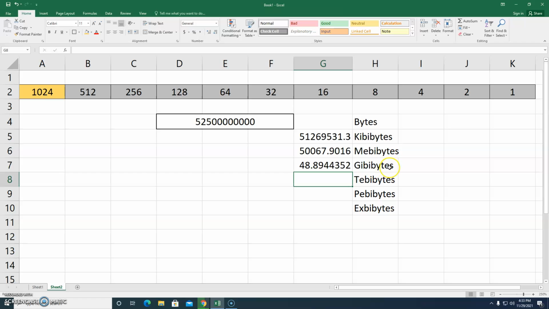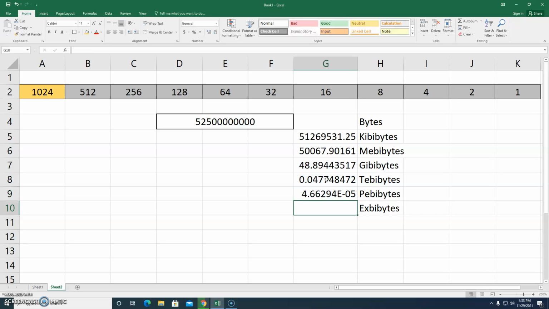So this number here is the same as 48.89 gibibytes. If we want to find the number of tebibytes, we take the number of gibibytes and divide it by 1,024. If we want to find the number of pebibytes, we take the number of tebibytes and divide it by 1,024. We're starting to get a really small number now.